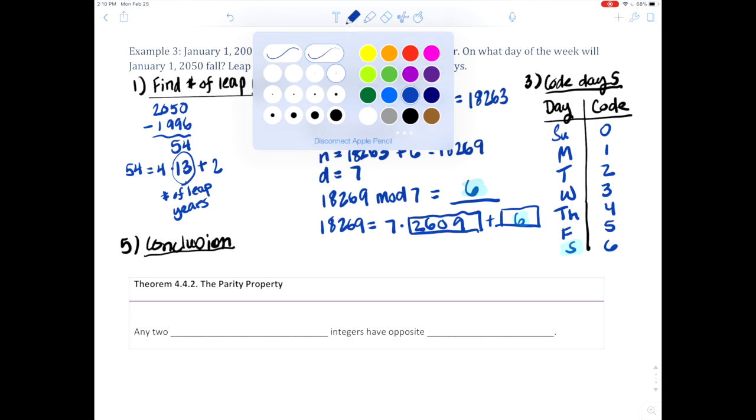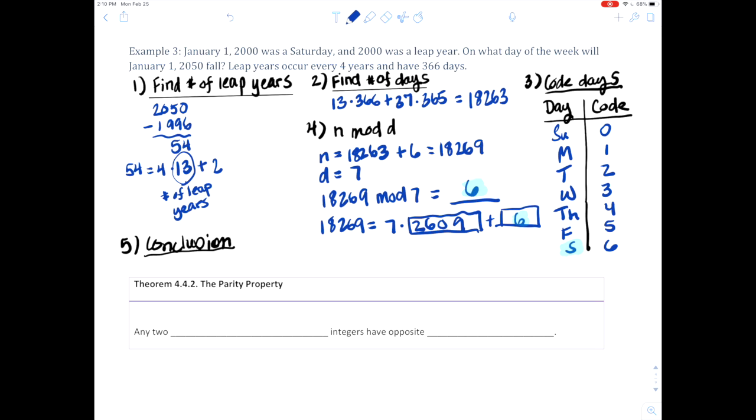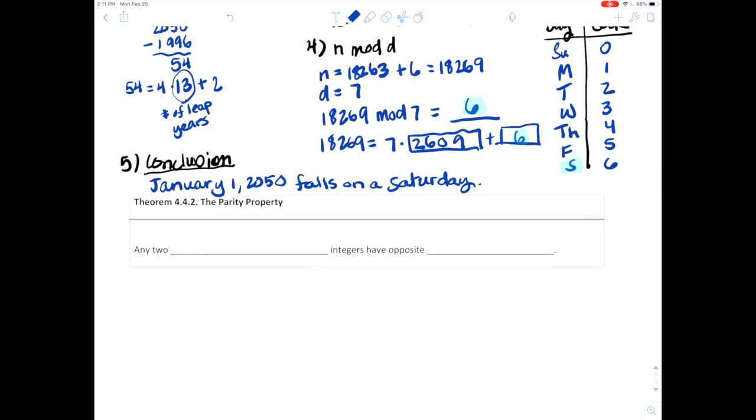And our conclusion is that January 1st, 2050 falls on a Saturday. Isn't that a groovy application? I liked it. All right, so let's go ahead and get to our next theorem.